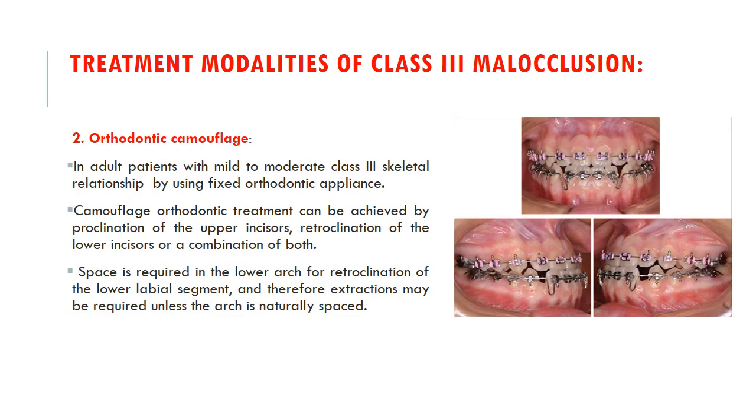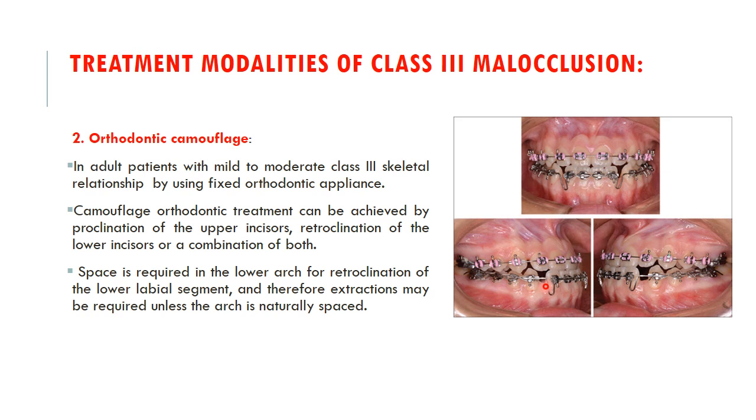Another treatment modality is what is called the orthodontic camouflage. In the orthodontic camouflage, we tend to increase the dentoalveolar compensation. So especially if we have an adult patient with a mild to moderate class 3 skeletal relationship, we may consider using fixed mechanotherapy. And the camouflage is usually achieved by proclination of the upper incisors and retroclination of the lower incisors, or sometimes both of them.